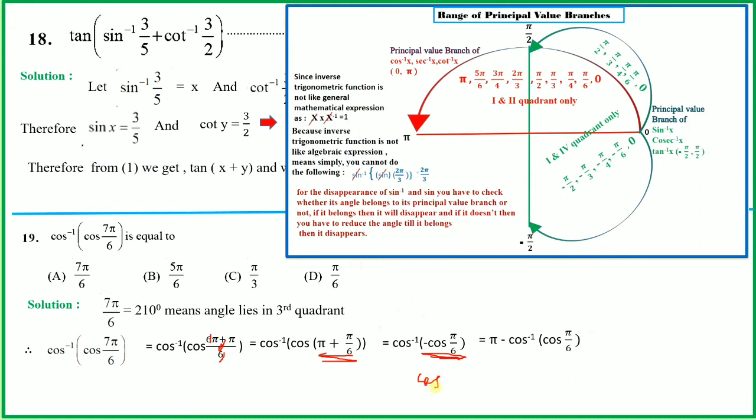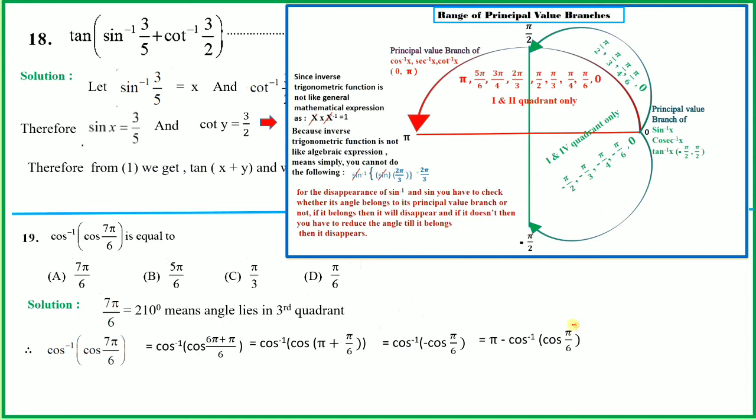As you know, cos inverse of minus theta is equal to pi minus cos inverse theta. These formulae we have studied in the beginning. So cos inverse of minus cos pi by 6 is equal to pi minus cos inverse cos pi by 6.